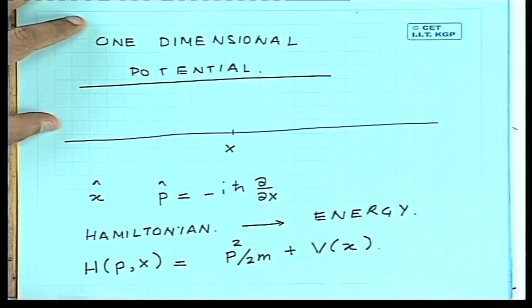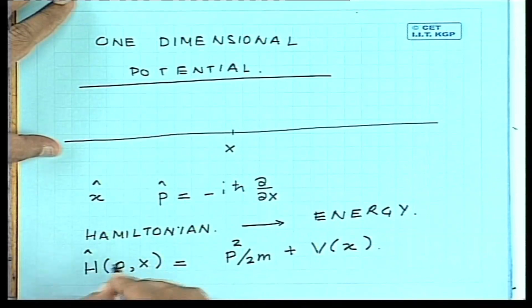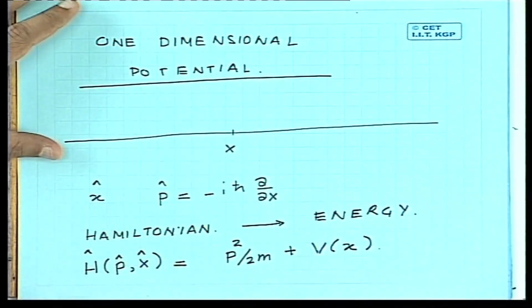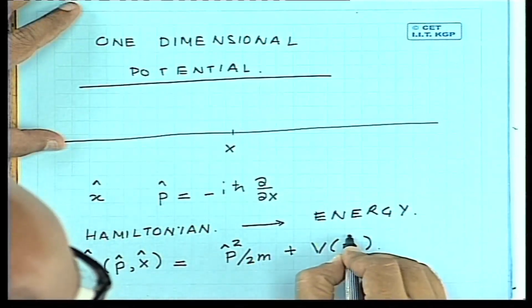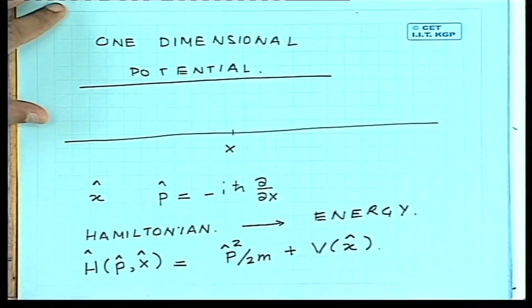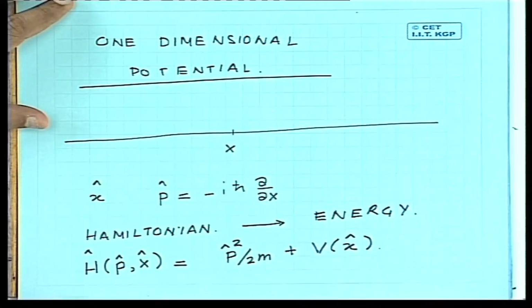So the Hamiltonian in quantum mechanics is an operator which is a function of the momentum and position operators. We can make everything into operators. The Hamiltonian for a time independent system is the operator corresponding to the energy.